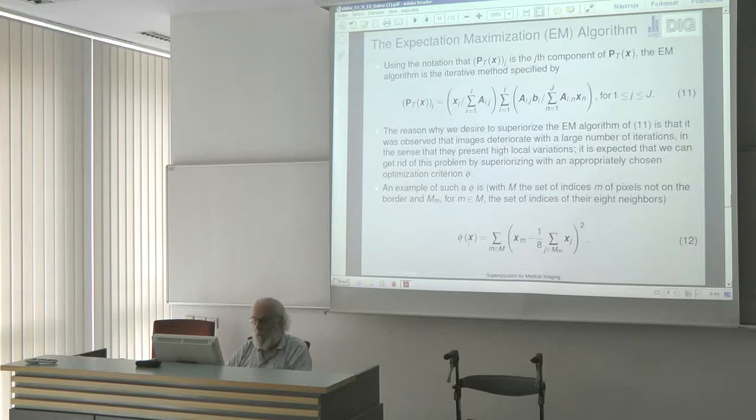And here the definition of phi is the sum over all interior pixels of the value in the pixel minus the average value of the 8 neighbors. And for a smooth image this should be 0. An absolutely smooth image, it should be 0. For an image which varies a lot locally, this gets worse. So this is a measure of how smooth the image is locally.